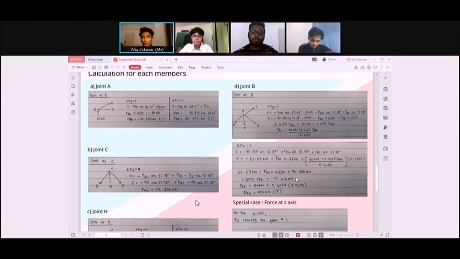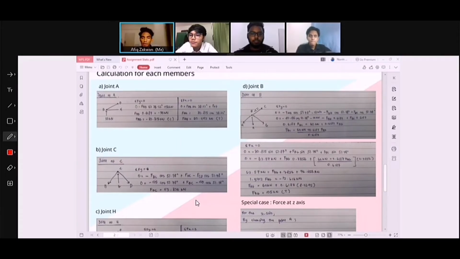So for joint A, the members consist of force AB and force AH, plus the reaction force, which is 50 kilonewton. For the summation of Fy, we want to determine the force AB, and for the summation of Fx, we want to determine the force AH.